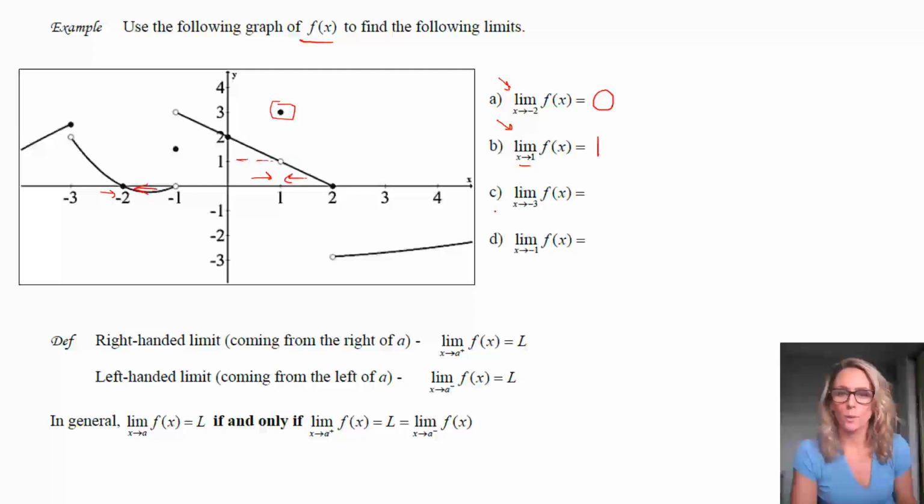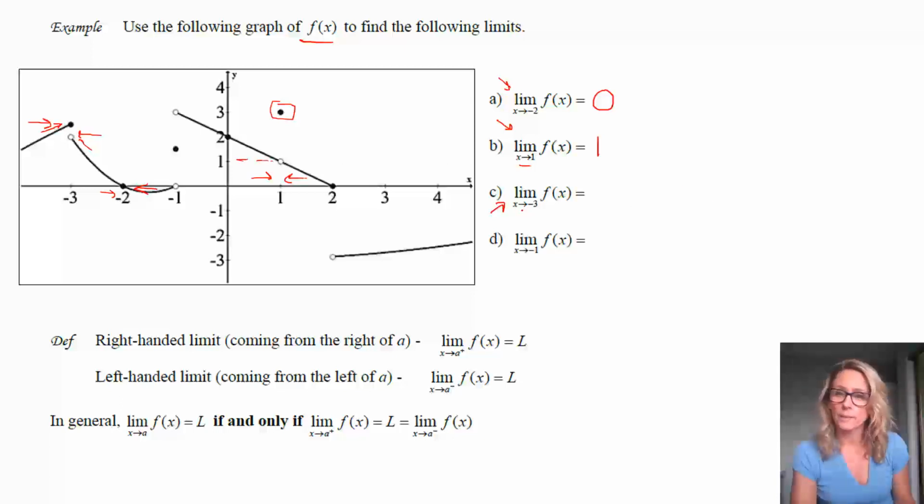So for the next one, we're approaching -3, and this is going to show us an interesting idea. So notice as we come from the left-hand side, we are approaching a y value. As we come from the right-hand side, we are approaching a y value. We are getting infinitely close. Our function is getting infinitely close from the left-hand side and the right-hand side. However, it's not the same y value, and that's the problem.